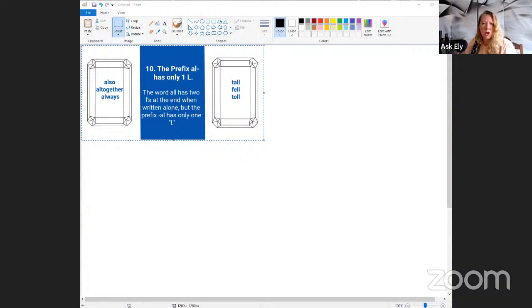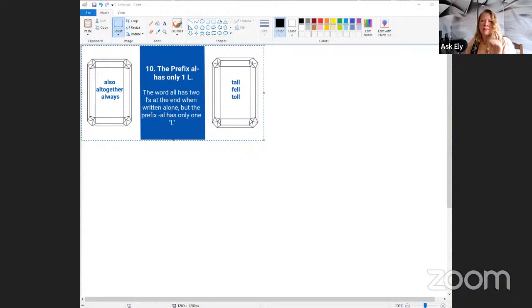So we have tall, we have two L's when written by itself. But the prefix AL has only 1 L. So if it's at the end of a word, it's 2 L's, right?